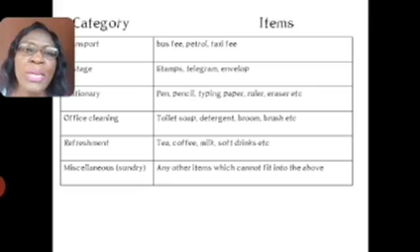When you buy toilet soap, detergents, brooms, brush, you categorize them under office cleaning. When you buy tea, coffee, milk, biscuits, soft drinks, you categorize them under refreshments. When you buy stamps, send telegrams, buy envelopes, you categorize them under postage.